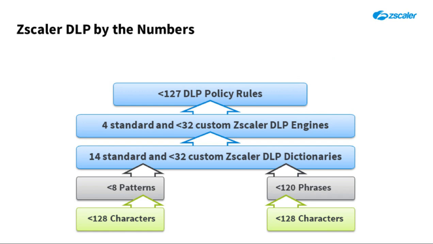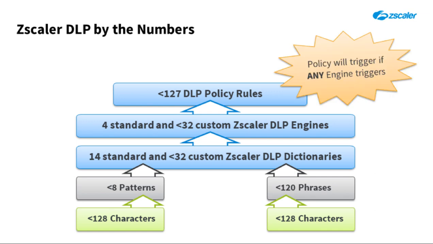Up to 127 DLP policy rules may be created, and for the Zscaler DLP engine rules, you may add whatever combination of the standard or custom engines that meets your needs. Note that the rule action will be taken if any one of the added engines triggers.